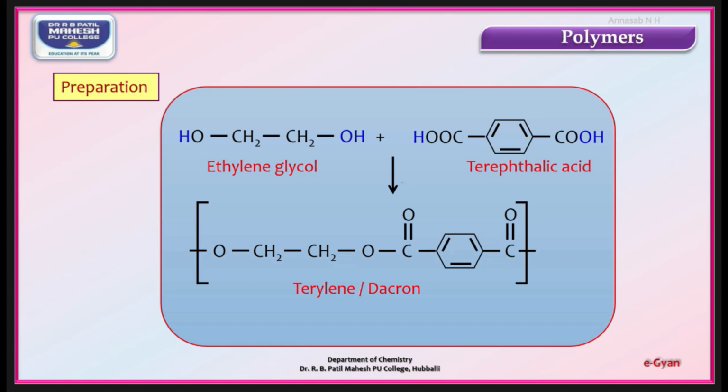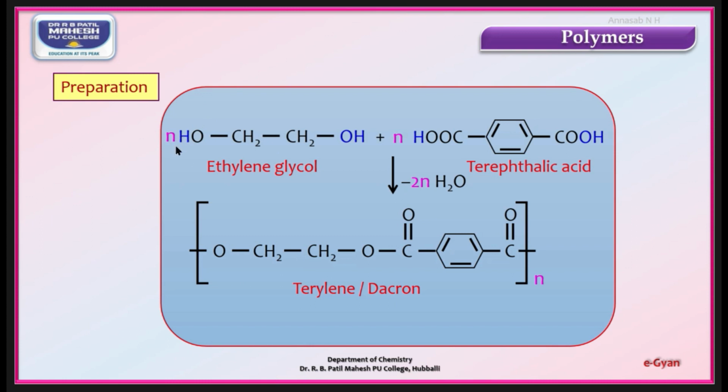If you have taken n times ethylene glycol and n times terephthalic acid, we are going to get 2n times water. So how many water molecules are removed? Double the quantity of ethylene glycol or terephthalic acid. As the water molecule is a byproduct formed, this preparation of terylene, dacron also comes under condensation polymerization.